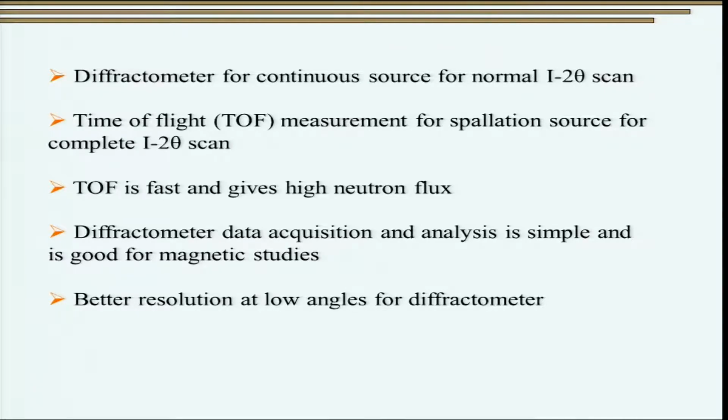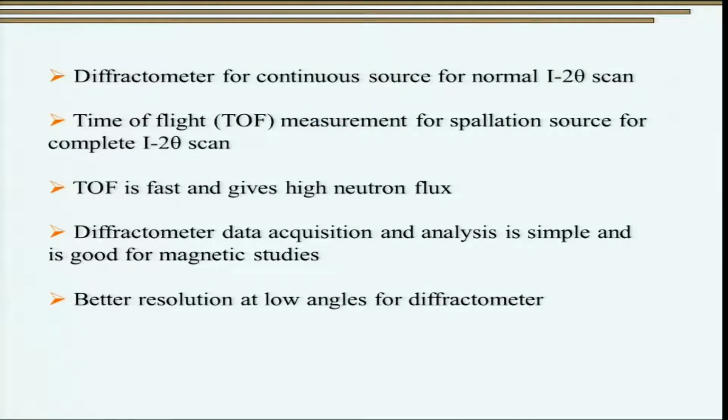However, if you are using a pulse source, mind you, we have to use a time of flight measurement, wherein we measure the time taken by the neutrons to travel the same distance. Once the neutrons get scattered at different angles after interacting with the material, they are going to take different times to reach the detector, and this can be used to measure the scattering angle and intensity using time of flight measurement.